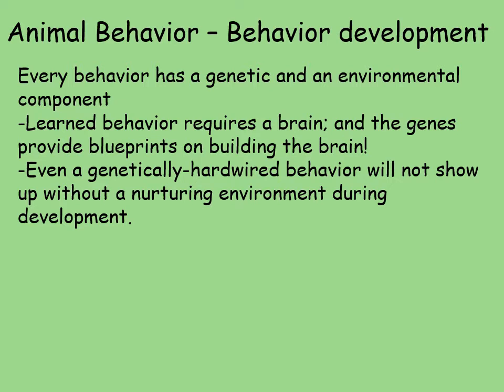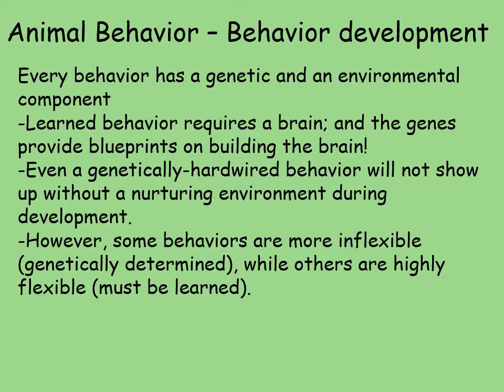So you could say, you have the behavior of crawling. Humans are genetically hardwired to crawl, but if babies and embryos don't have a nurturing environment in the womb, then they may not develop normally. They may not actually develop the capacity to crawl. So even a genetically hardwired behavior requires a specific nurturing environment in order to show up.